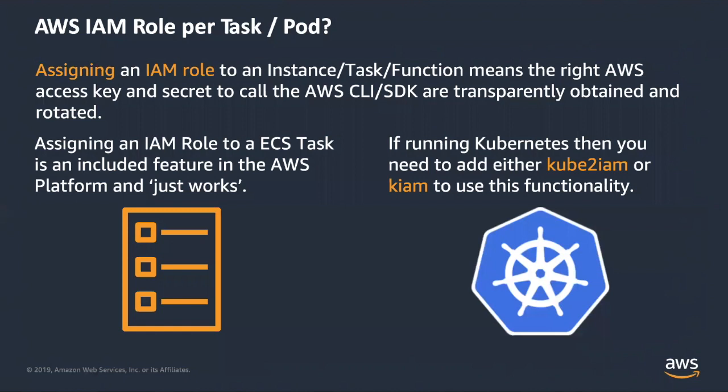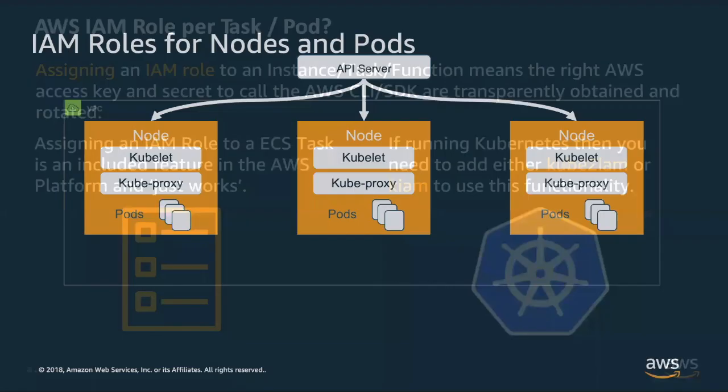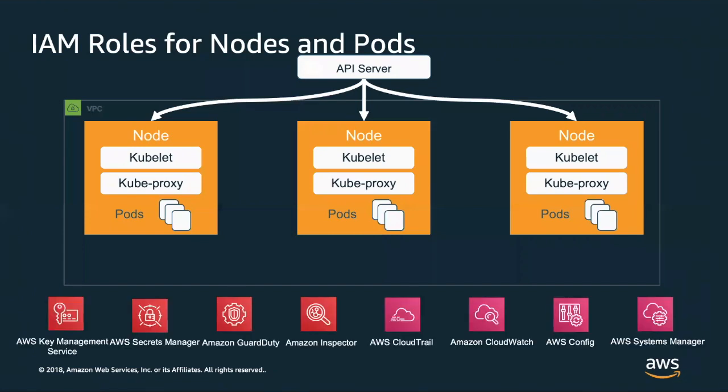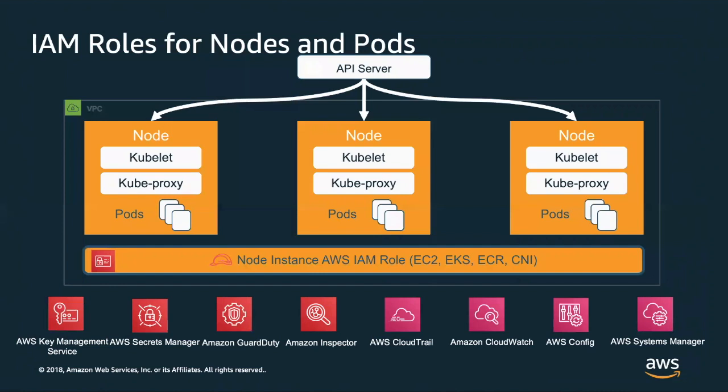If you're using Kubernetes, you also need to add either kube2iam or KIAM, both on GitHub, to make that work. These are the roles you would assign to your different nodes and pods based on privilege requirements, to enable them to access the various AWS services that you may need them to. So again, you can do this either with roles on the instances themselves or on the containers.